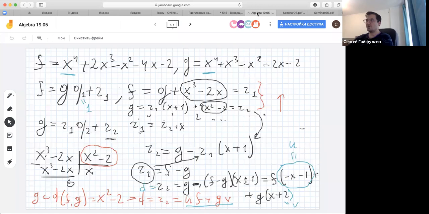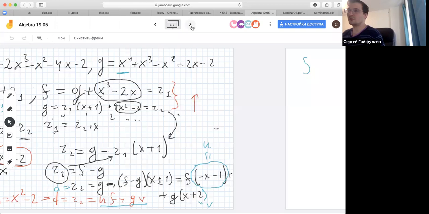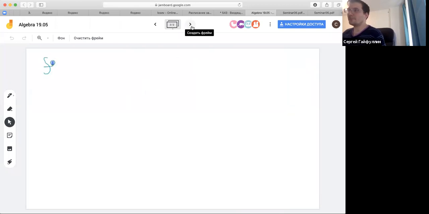Okay, let me summarize all of this and say what we do in the common situation. We have two polynomials, F and G. First of all, I divide F by G with the remainder.